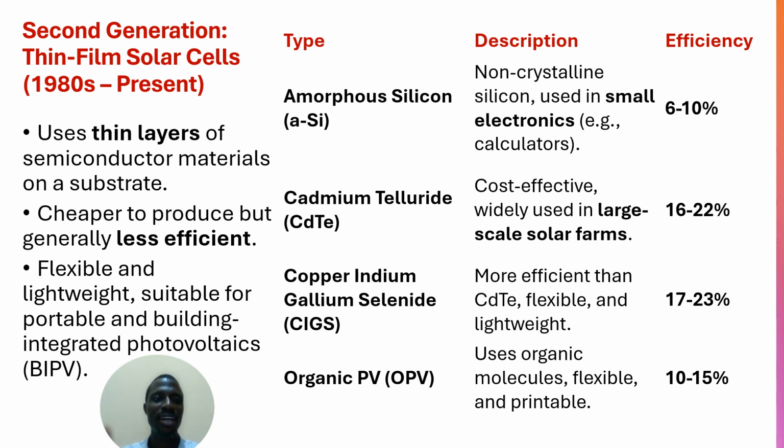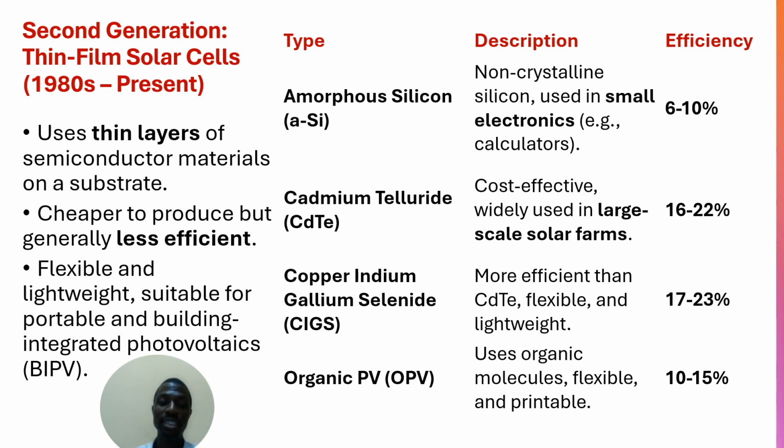Now, in this second generation, we have two prominent thin film solar cells that are commercially stable, and they are cheaper to produce. One of it is the cadmium telluride. It is actually cost effective and used in large scale solar farms.